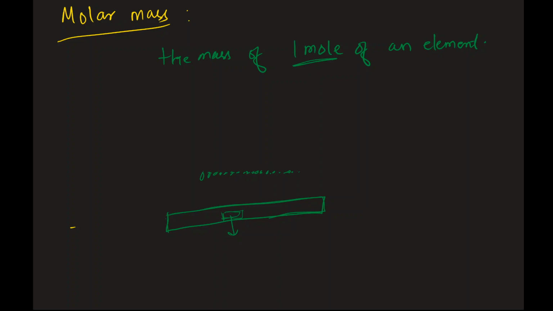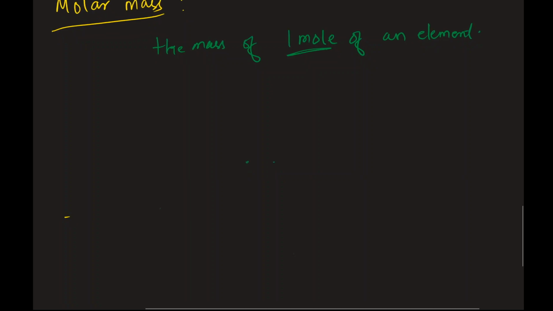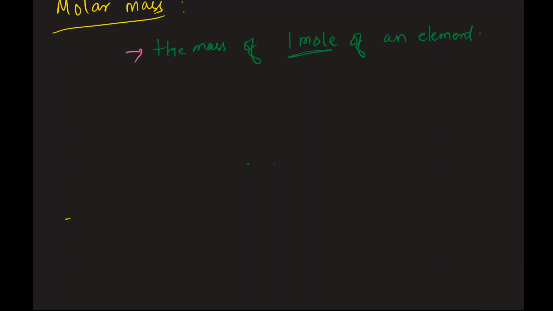So by default, molar mass is basically the same number as our atomic mass, but expressed in grams. So, for example, let's say we talk about carbon.